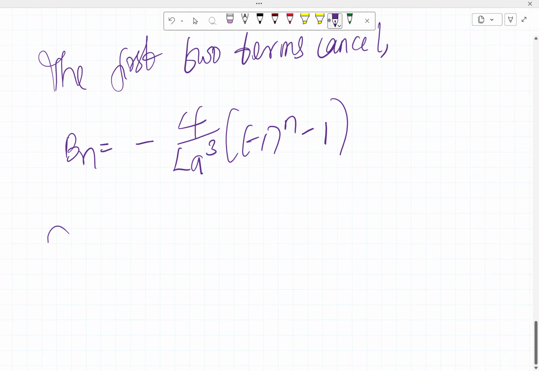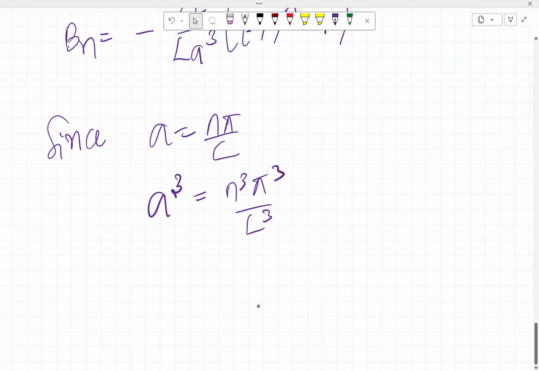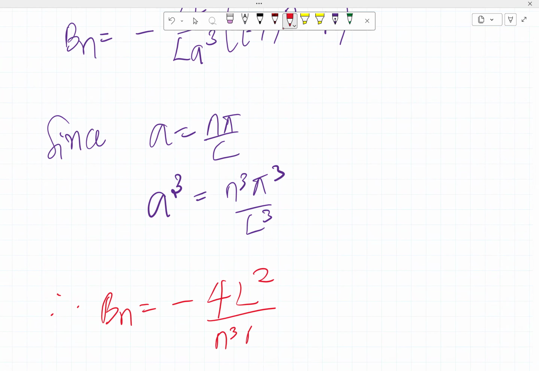So, and then since A is equal to n pi over L, like we had before, that means that A raised to power 3 would have to be n cube pi cube all over L cube. So in that situation, we can say therefore b sub n is equal to minus 4 L squared over n cube pi cube.